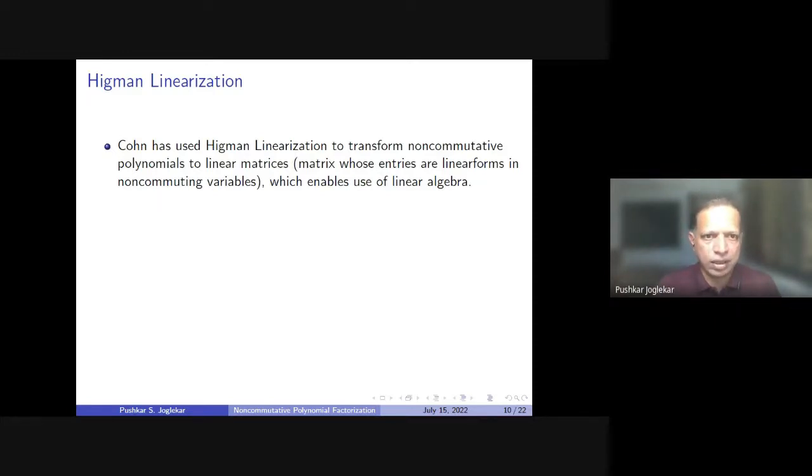The basic step in Cohn's work is first to transform a given non-commutative polynomial f to a linear matrix. By linear matrix, we mean a matrix whose entries are linear forms in the non-commuting variables. Once we do that, the problem becomes amenable to the linear algebraic approach.